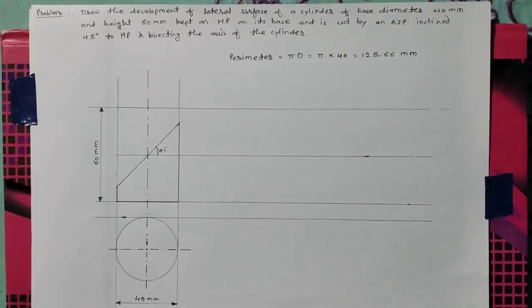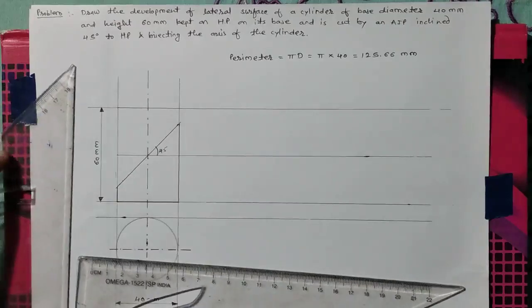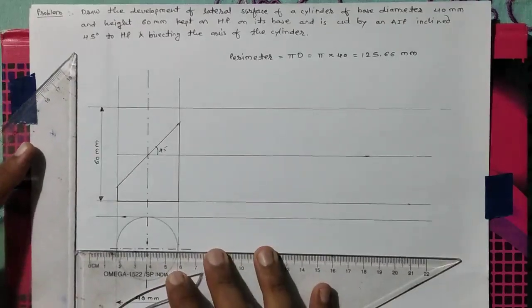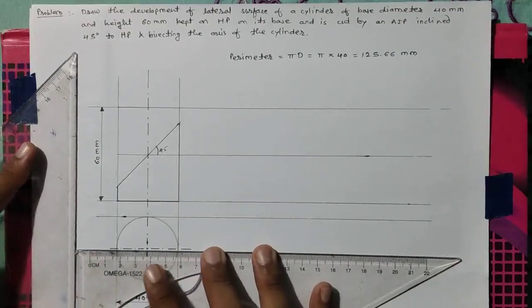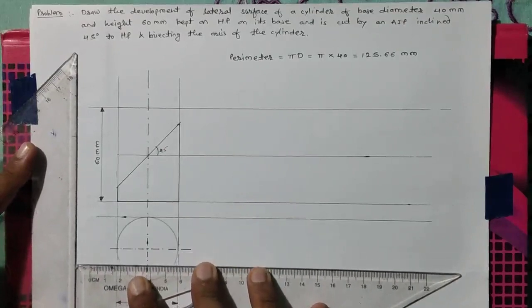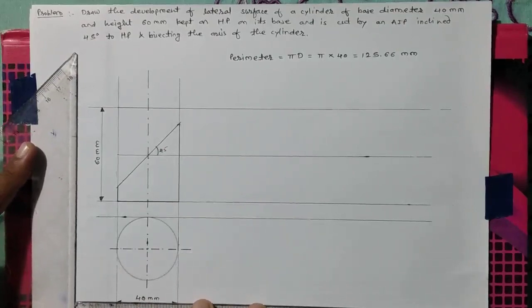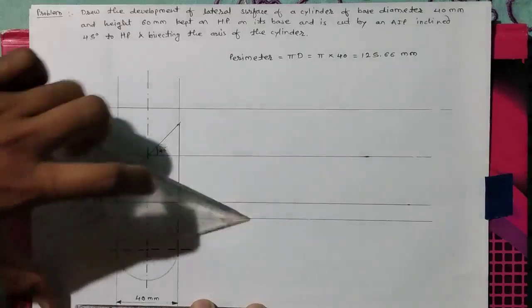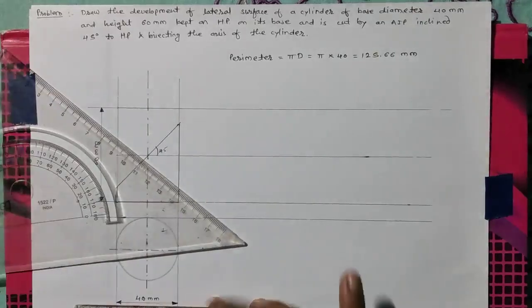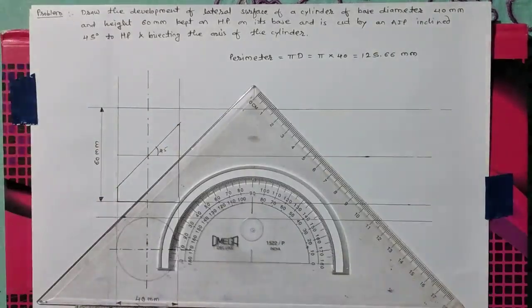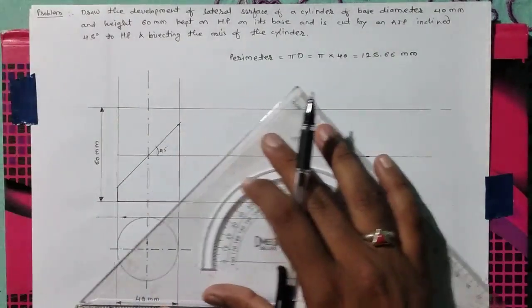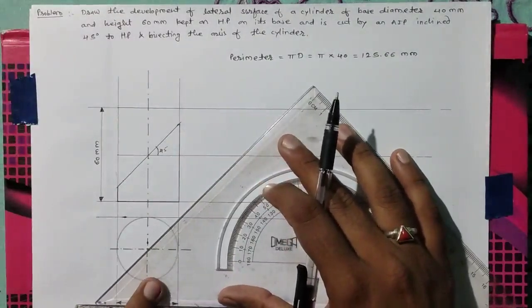While going for development, first we have to divide this circle into 8 parts. You can divide it into 12 parts or any number of parts, but for simplification we are dividing this circle into 8 parts. We can divide this circle with the help of set squares.